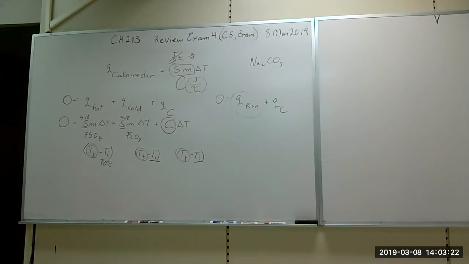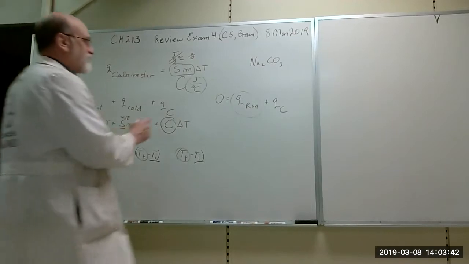Laboratory questions. Enthalpy of solution. Well, let me see. Did I give you a table to compare it with? Yeah, here it is on the back page. It's per mole. Okay.